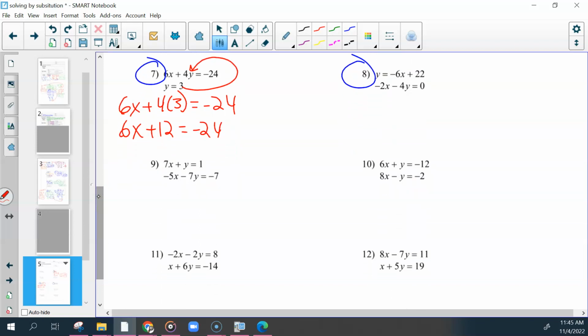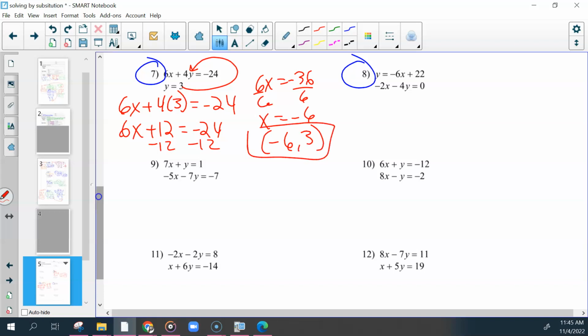So we would subtract 12 on both sides and divide both sides by 6. So then our ordered pair would be negative 6, 3. Do you have any questions on that one?